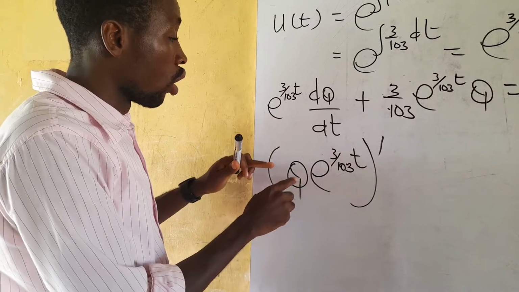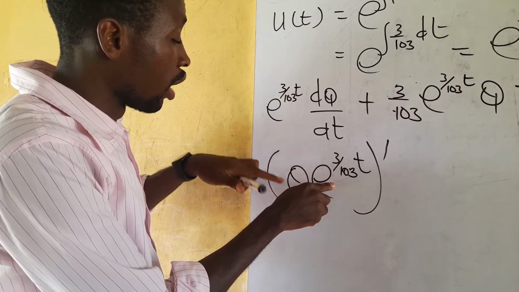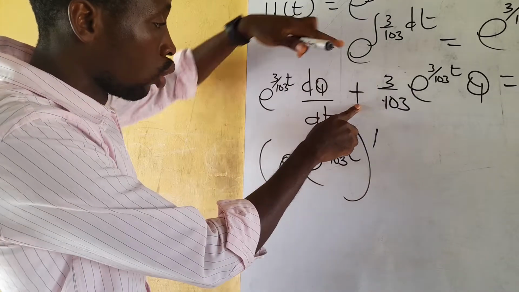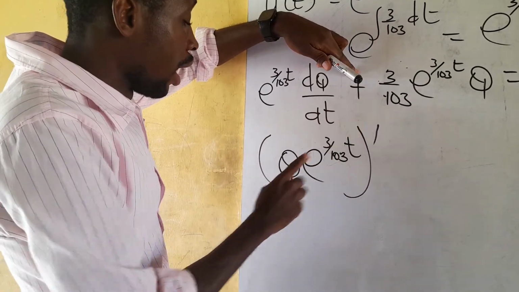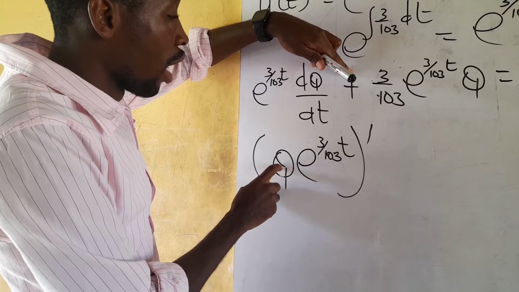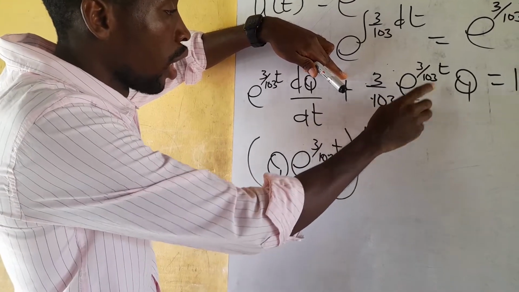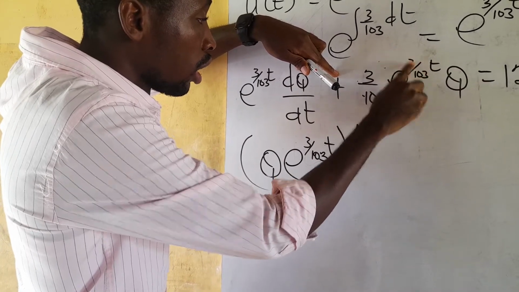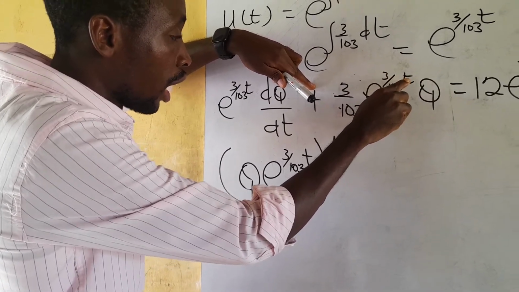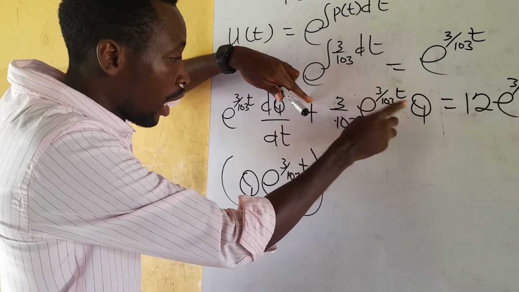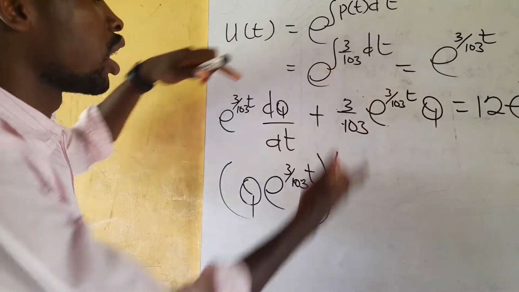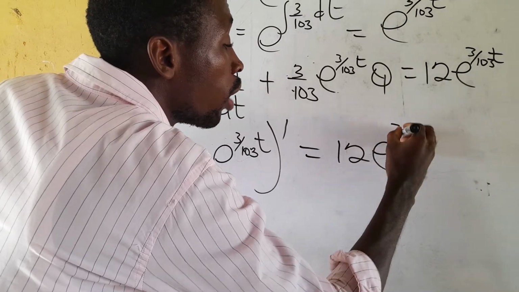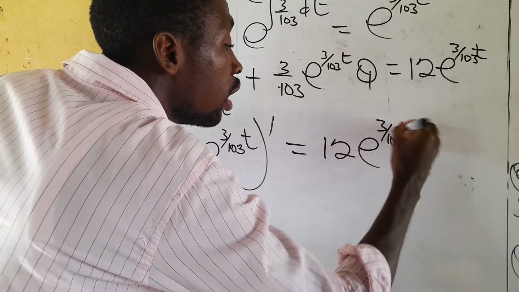When I keep my integrating factor and differentiate q, I'll get dq over dt, plus product rule. Now I'll keep my dependent variable and differentiate the integrating factor. The differential of the exponential, we'll differentiate the exponent. So when we differentiate 3 over 103 t, we'll get 3 over 103 and use it to multiply the function. We'll get it back. So it will be equal to 12 e to the power 3 over 103 t.